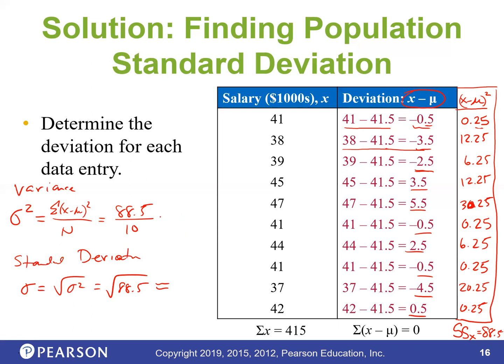Instead of putting an equal sign, you're going to do this little wavy equal sign. And the wavy equal sign just means about, not exactly. 8.9 to the nearest tenths place is pretty good. Okay, and then another wavy sign after this one, because not exactly it. Square root of 88.5 is 9.4.